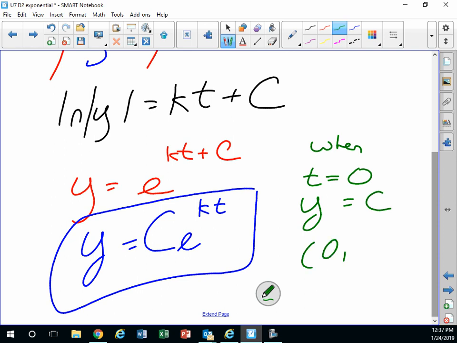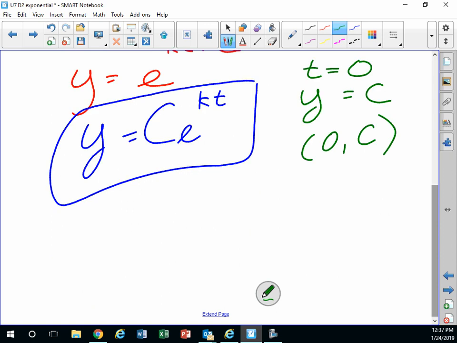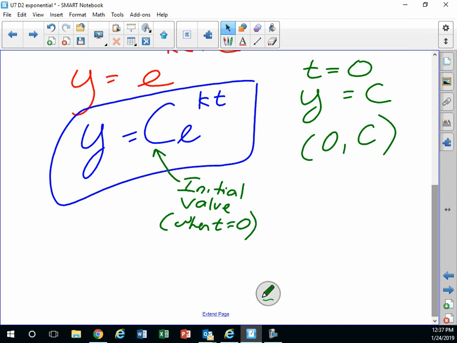Every single time. You know what C is then when I have it written like this, only in this form? Initial value. Only when t is 0.